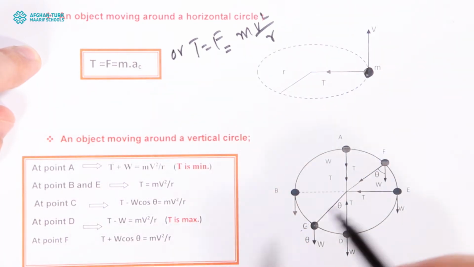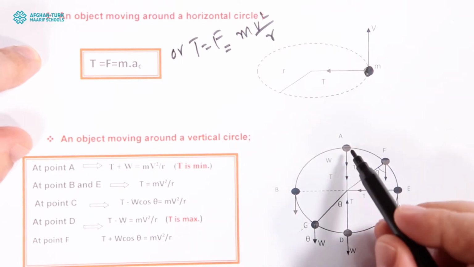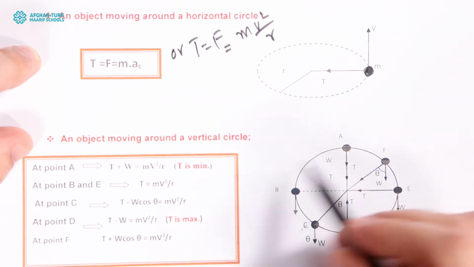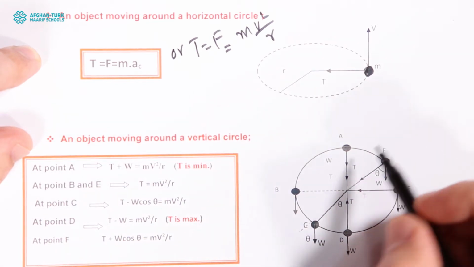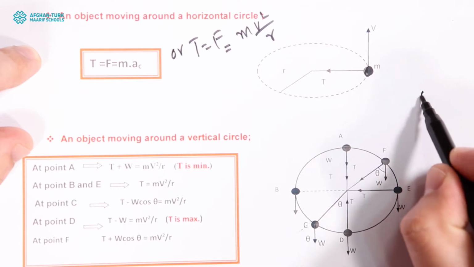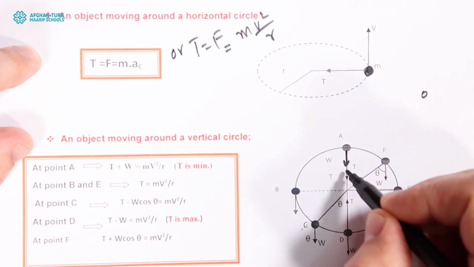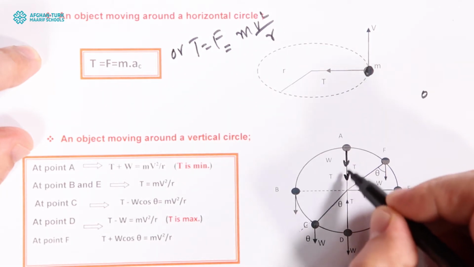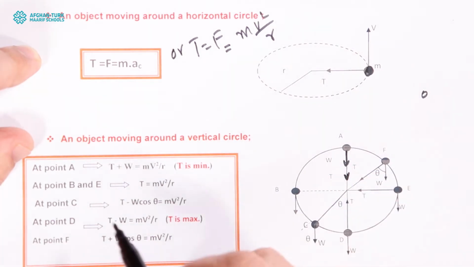For example, the object starts from A in this position, let's call it point A. You know that the weight is downward in this position, and the tangent force is also in the same direction. Weight and tangent force, or centripetal force, both are in the same direction.